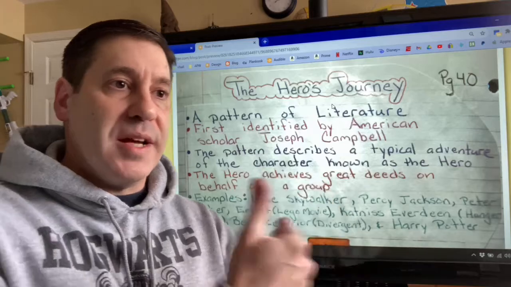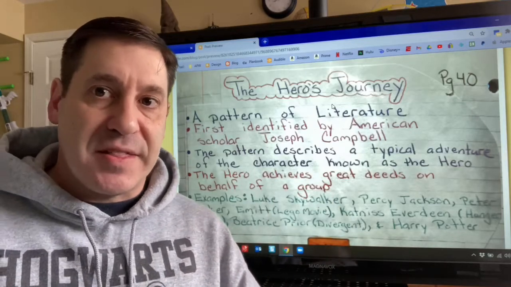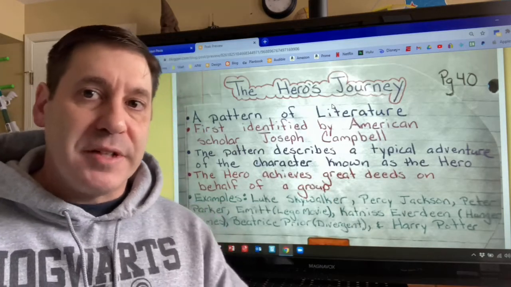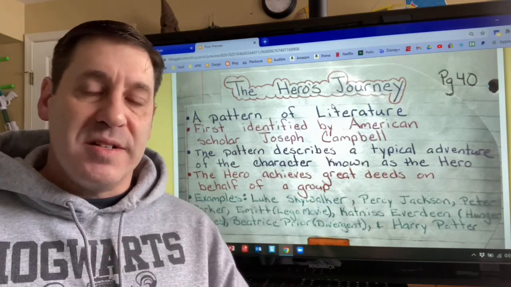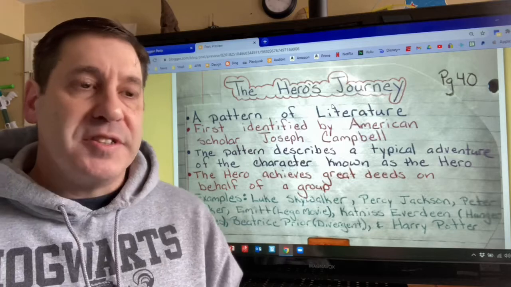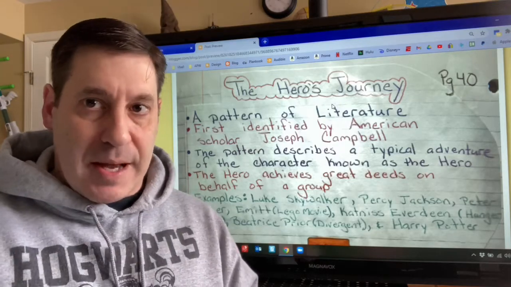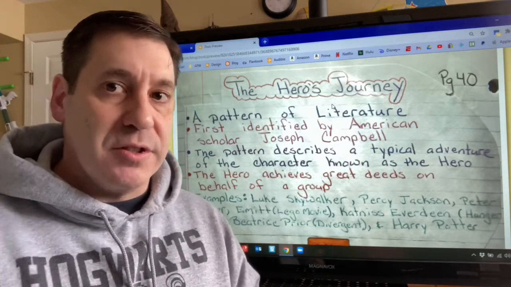Stories throughout history seem to fit the same pattern. The characters were different, the situations were different, but overall the pattern was the same. And these authors didn't know that they were all writing with the same pattern. They were just setting out to write good stories.